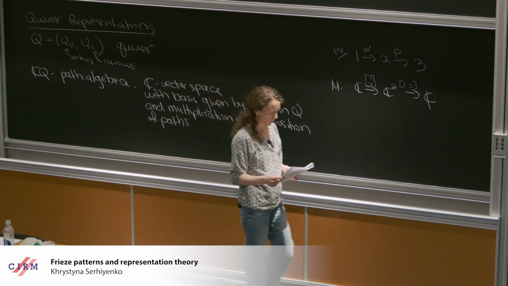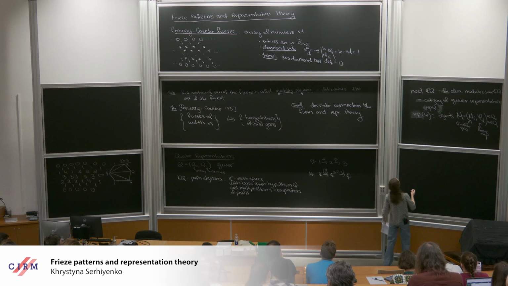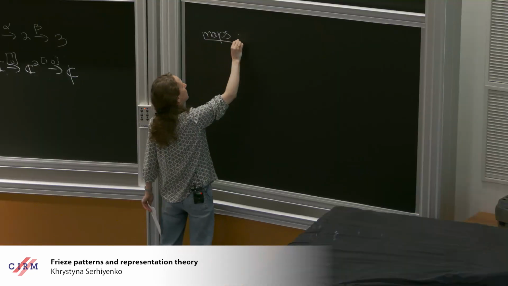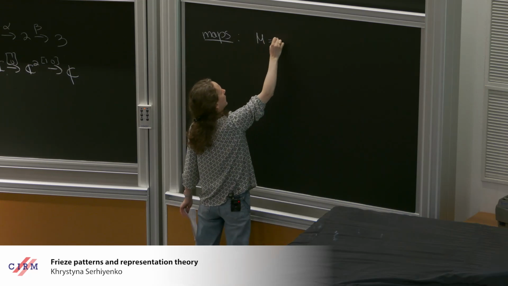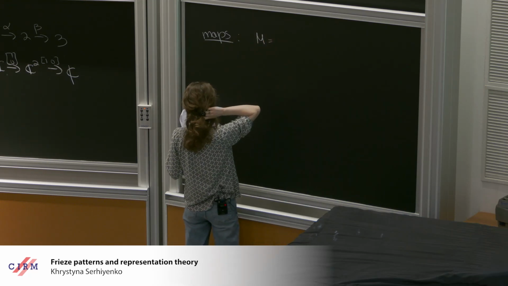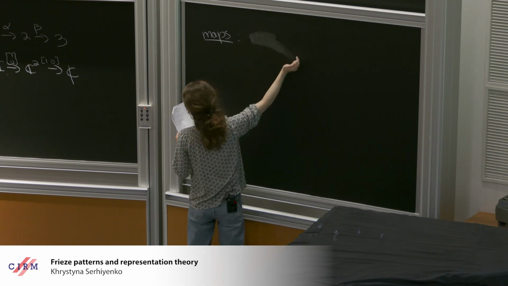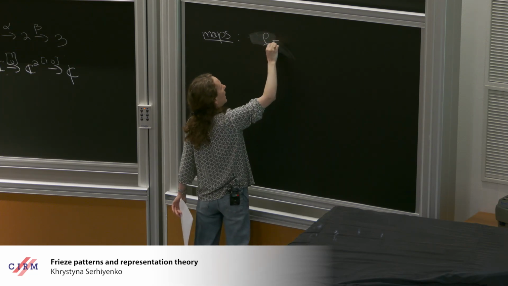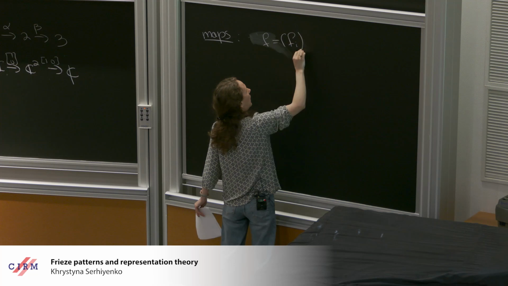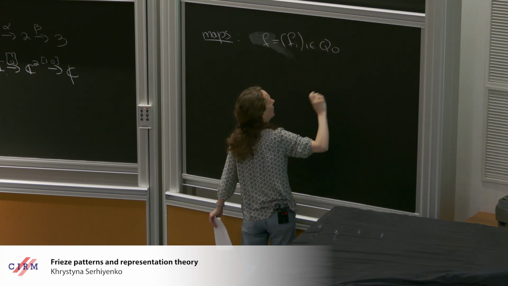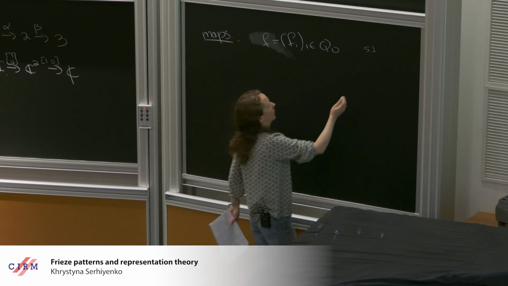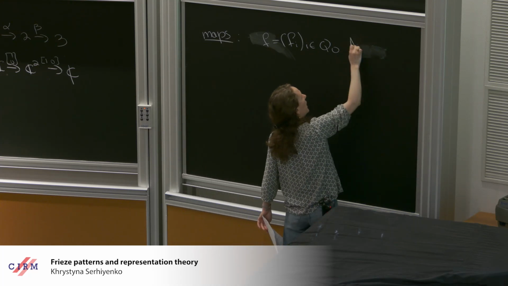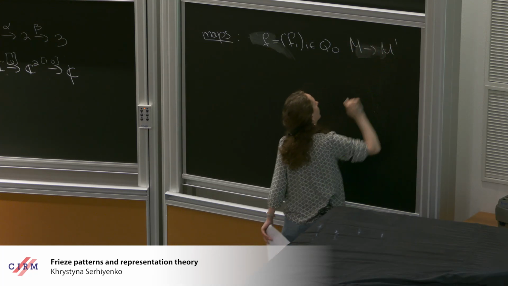So I told you what the objects are. I can also tell you what the morphisms are. So given two quiver representations, what is a morphism? A morphism is a collection of linear maps f_i, one for every vertex of the quiver, such that, let's say this morphism goes from M to M prime.